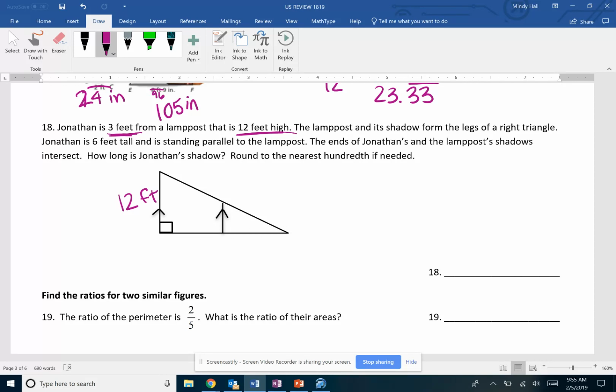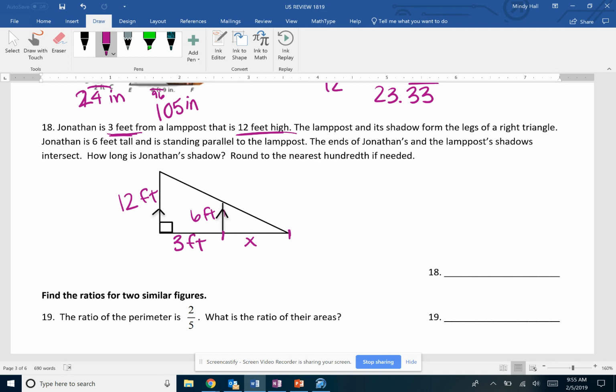So since he's 3 feet from the lamppost, I know that this is 3 feet because Jonathan is this other parallel line. And we know that Jonathan is 6 feet tall. And we want to know how long is this little bit right here.